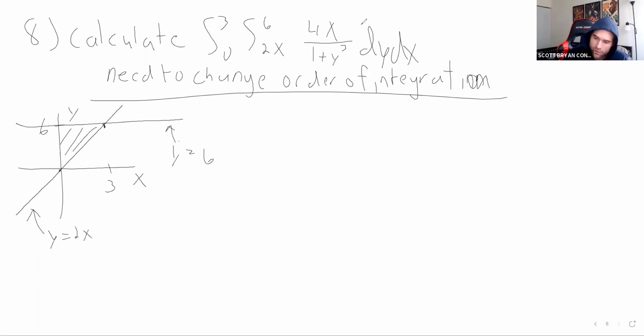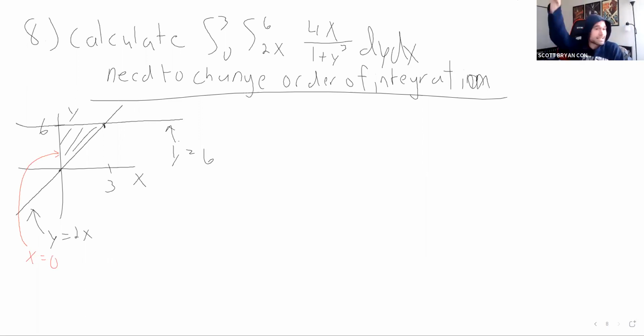Okay, so we need to figure out the bounds for x. So our left curve is going to be this vertical line here. That is x equals what? X equals 0, right?